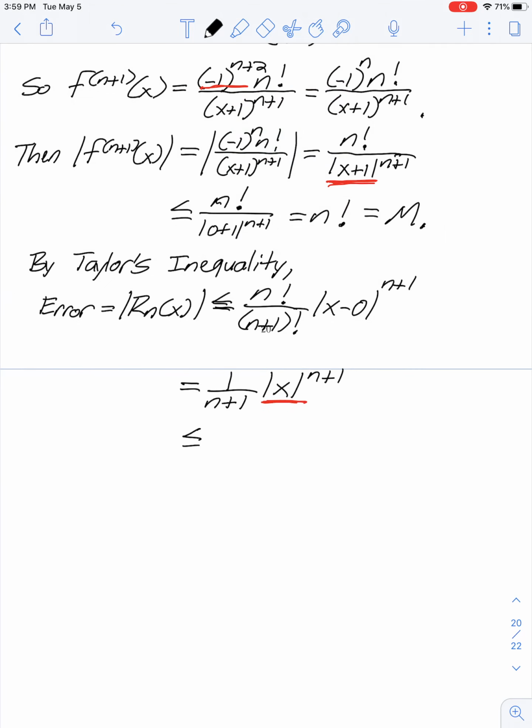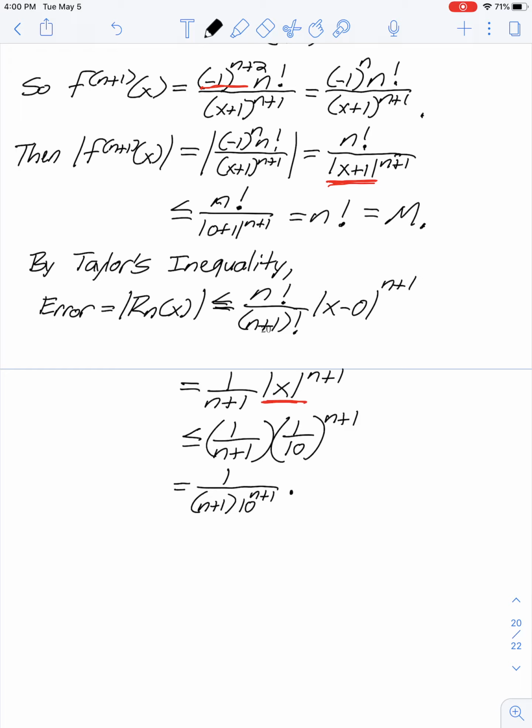So to make this error as large as possible, we would have 1 over n plus 1 times the absolute value of 1/10, which would be 1/10 to the n plus 1 power, which I could rewrite as 1 over n plus 1 times 10 to the n plus 1 power.